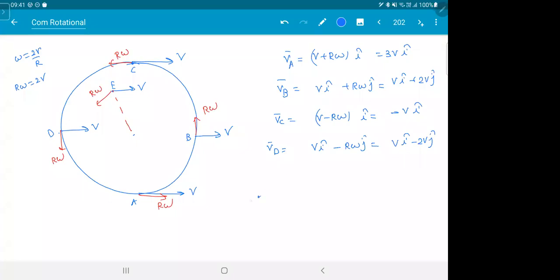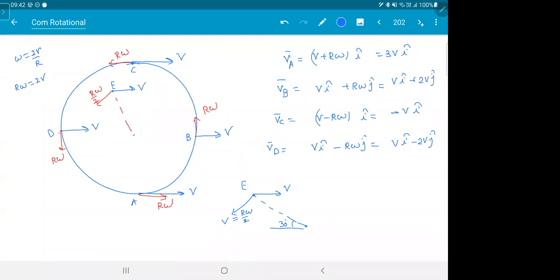What about E? For E there are two things now. It is going with V. This is r omega by 2, because the radius of O to E is r by 2. What is r omega by 2? That's also V. What is this angle? 30 degrees, because that is 150.